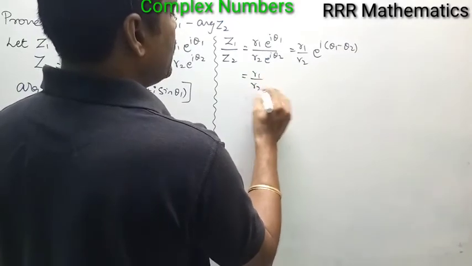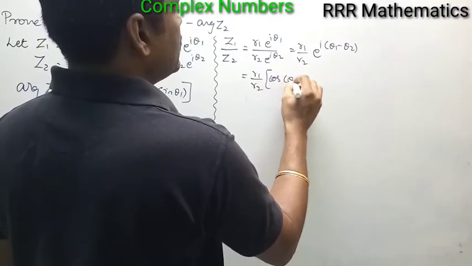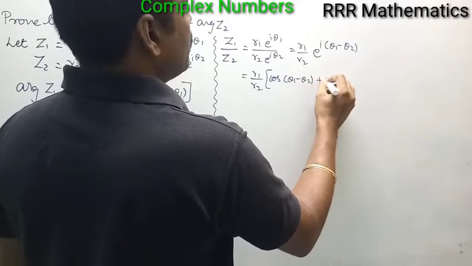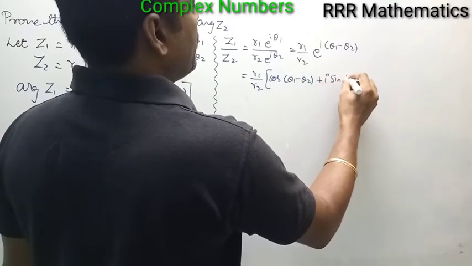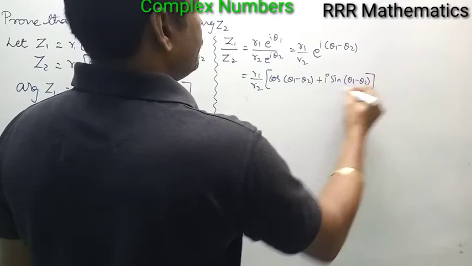So it will be r1 by r2 into cos of theta 1 minus theta 2 plus i sin of theta 1 minus theta 2.